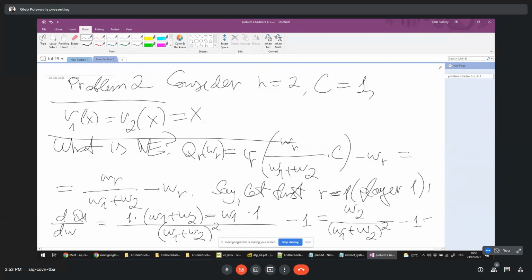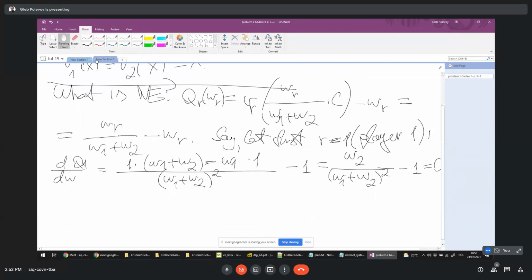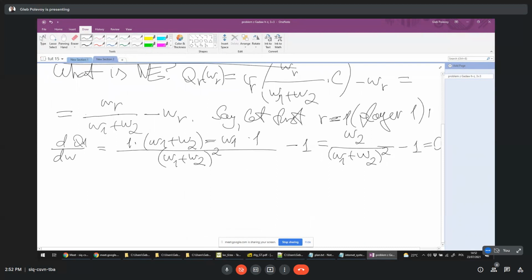That's what we want to be 0, to have this possible extremum. And that's 0 if and only if W2 is equal to W1 plus W2 squared.